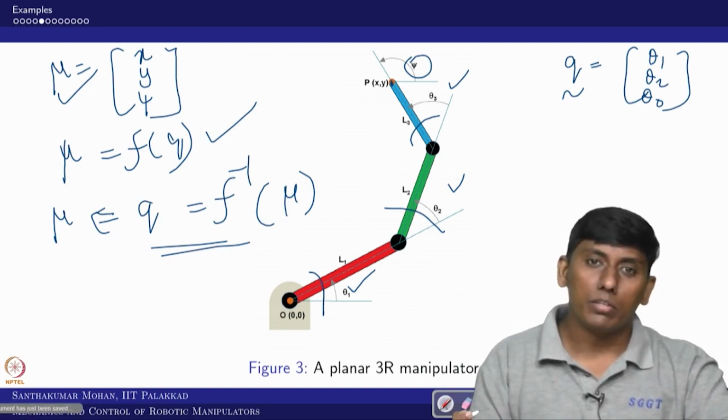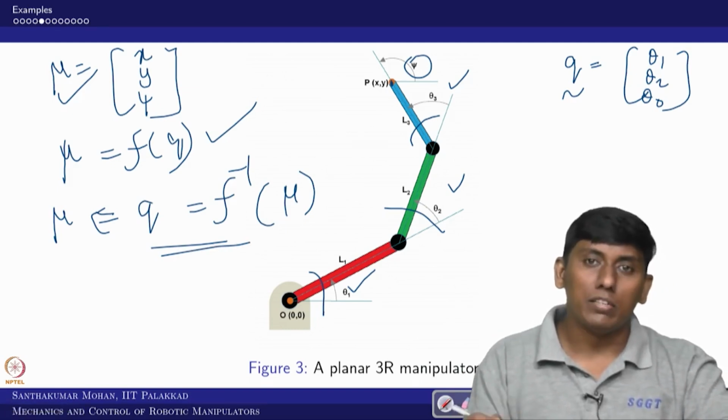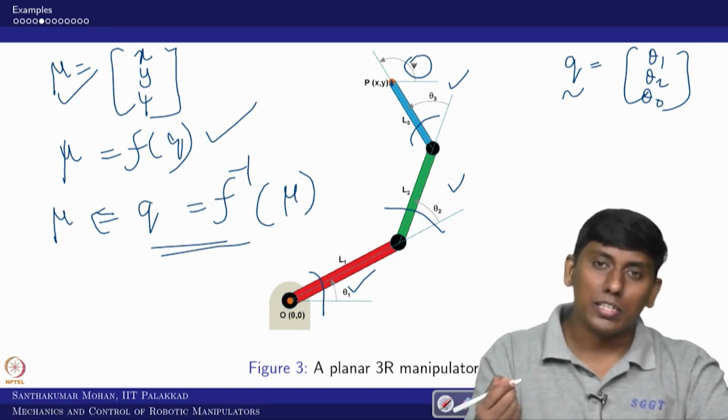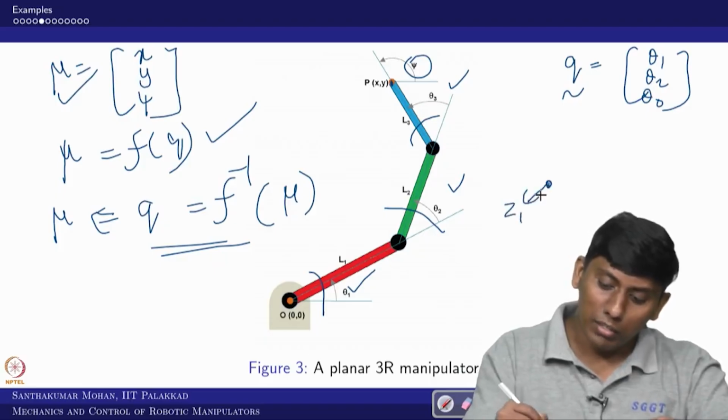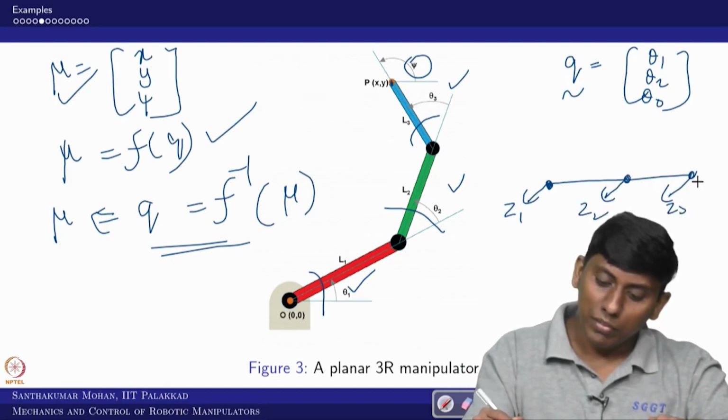So for that, what is one first supposed to do? We have to fix the frame arrangement. Since it's planar, you can start with Z1. You can do it either way. So I can say this is Z2 and this is Z3. Then I can even extend that and put Z4.